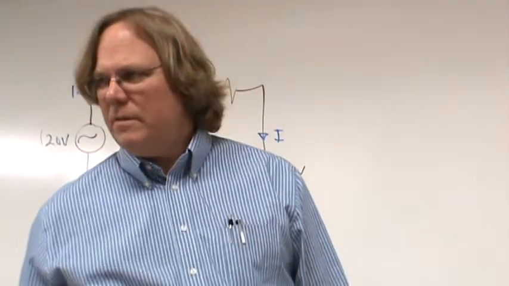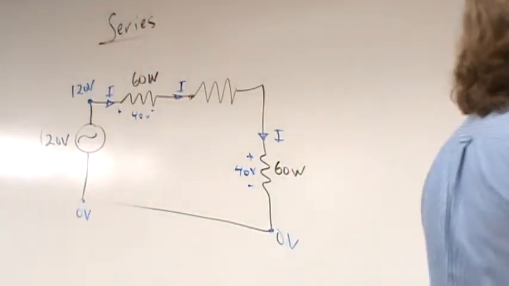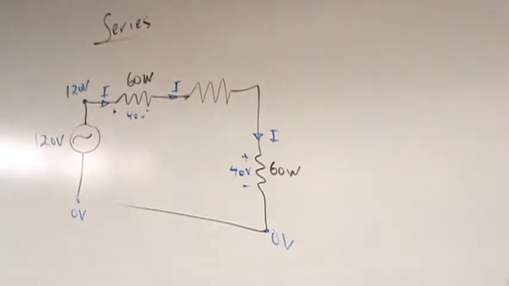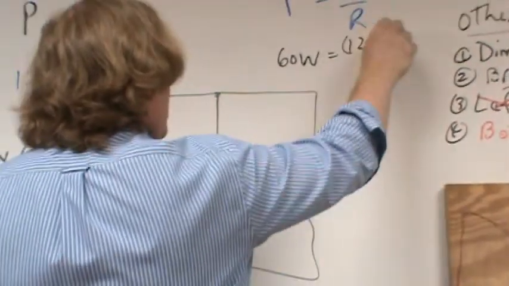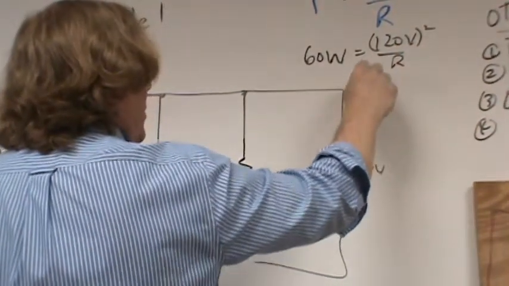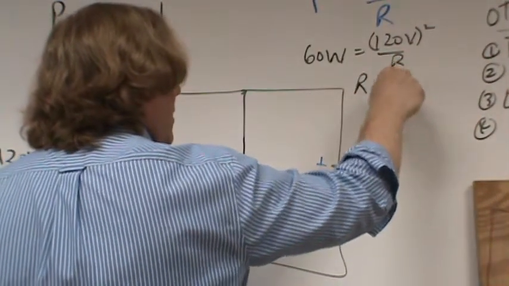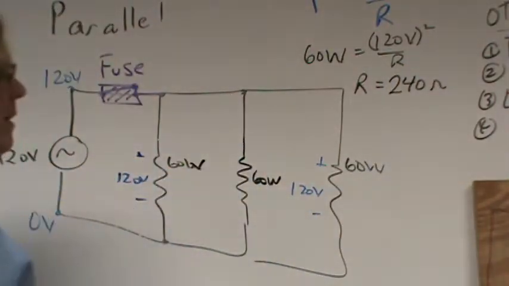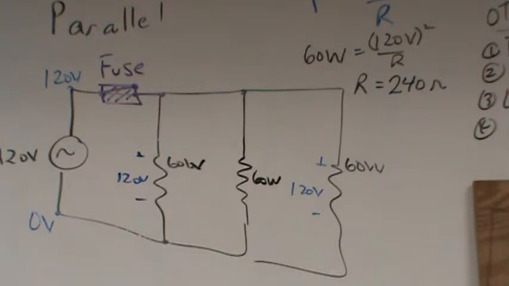Go ahead, Chris. P equals V squared over R. Yeah, great. I got a 60-watt bulb, I got 120 volts, I got an R. So what did you guys get as the resistance? Yeah, good, 240. So each of these bulbs is 240 ohms. Just V squared over R.